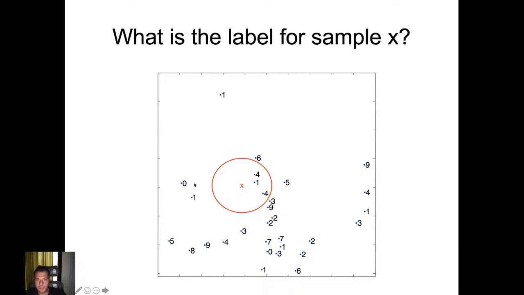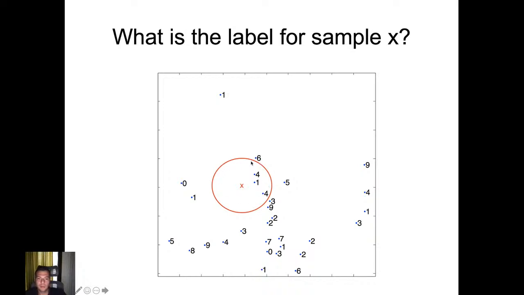Any test sample that falls closer to 0 will be labeled as 0, and any test sample closer to 1 will be labeled as 1. So this boundary goes like this until it reaches a point where a sample is closer to 6. So here we have a different boundary that intersects with this region.